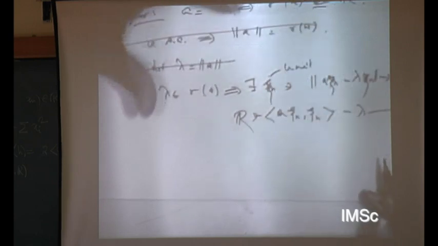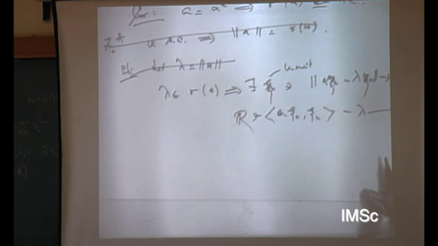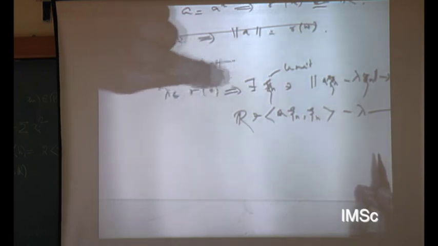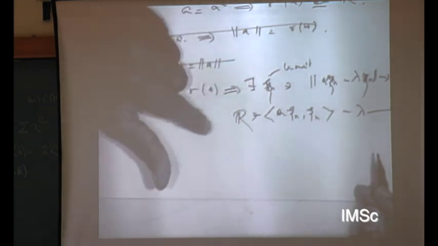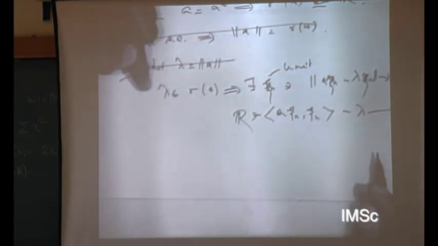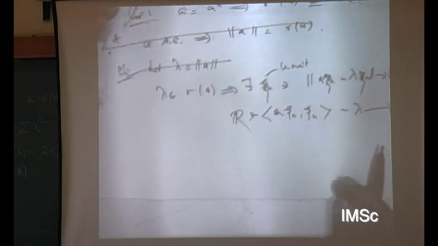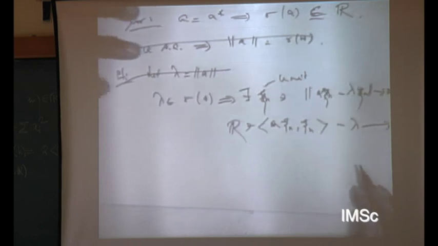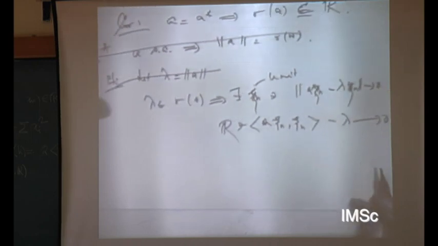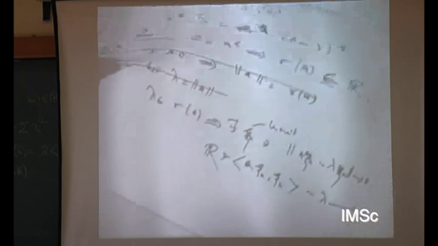So because all points in the spectrum are approximate eigenvalues, every such lambda must in fact be in the real line. Okay, now let me get to it.